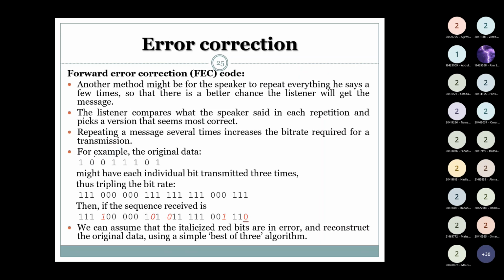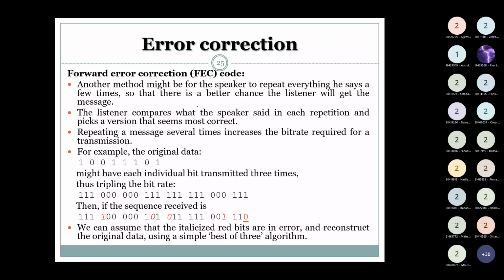Move now to the forward error correction code. Another method may be for the speaker to repeat everything he says a few times so that there is a better chance that the listener will get the message.